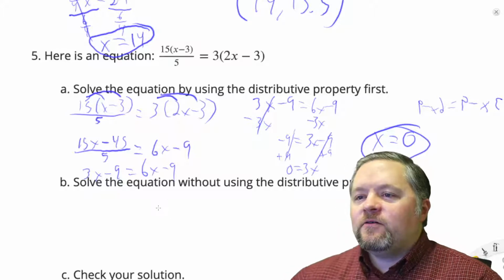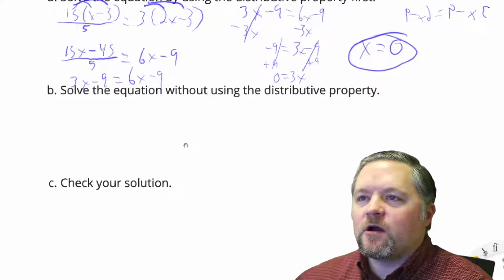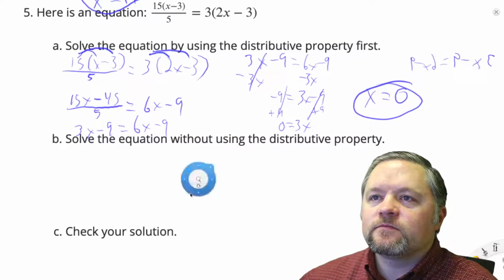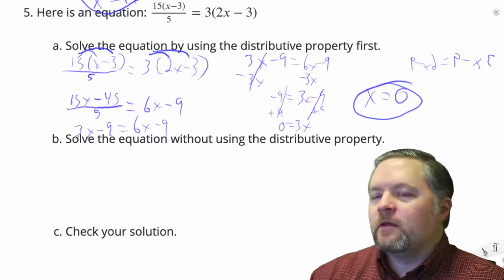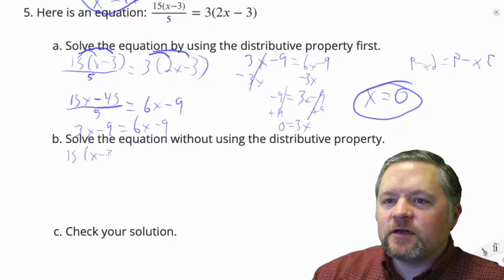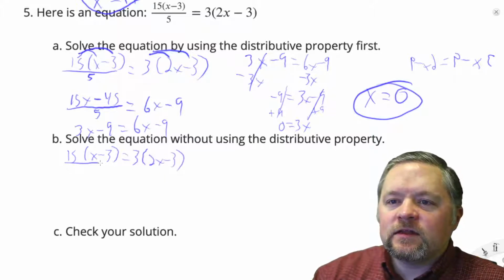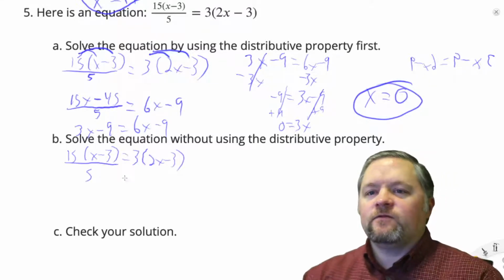Okay, now solve the equation without using the distributive property. So 15 times x minus 3 equals 3 times 2x minus 3, and that is divided by 5.